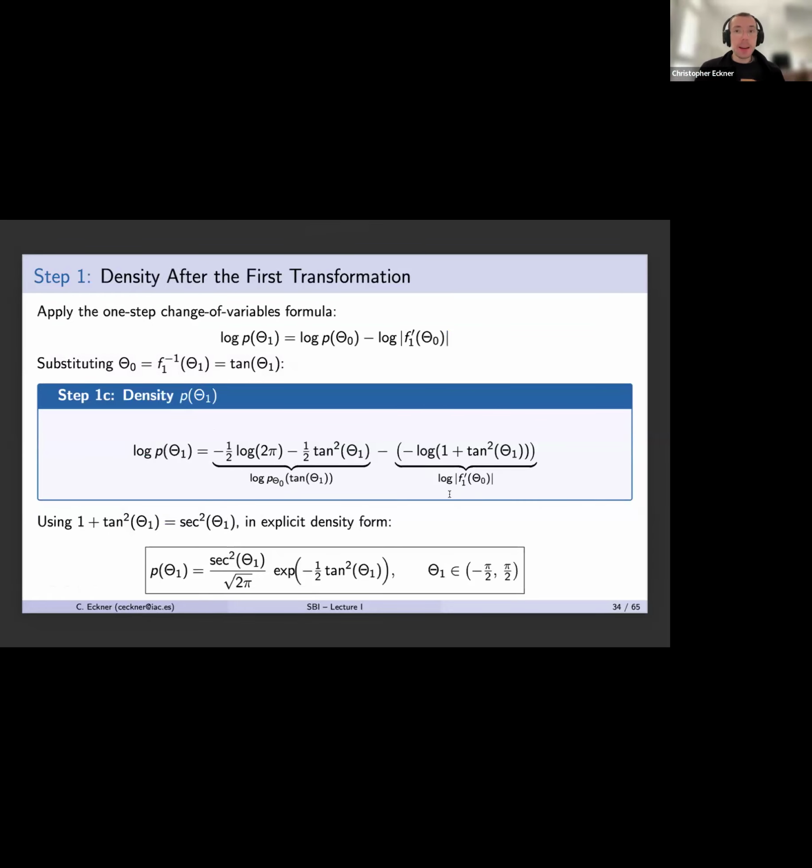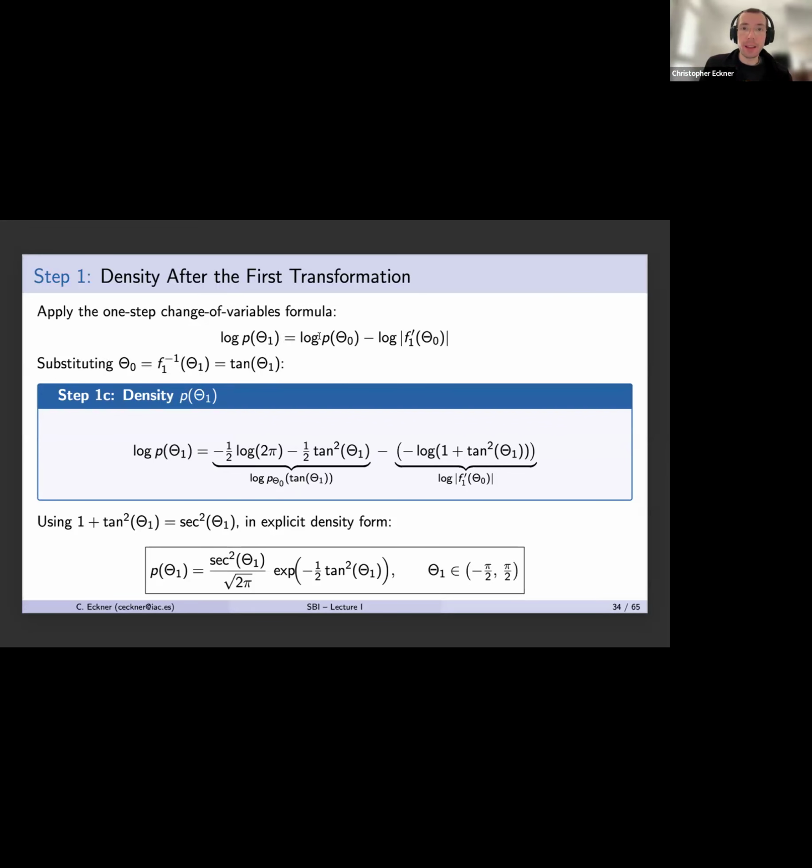Then we apply this first step of the conversion with the change of variables formula. You get the log probability density of theta 1 by this difference here. We have to substitute our theta 0 with the inverse function. It is important that this is a bijective function so that you can take the inverse in that interval, which is the tangent of theta 1.